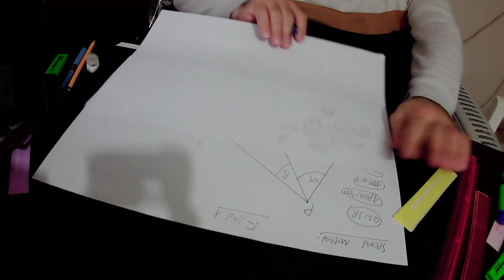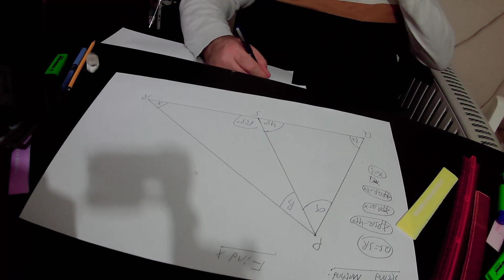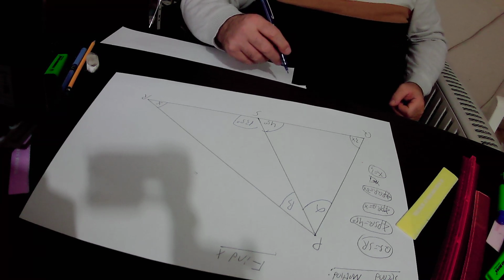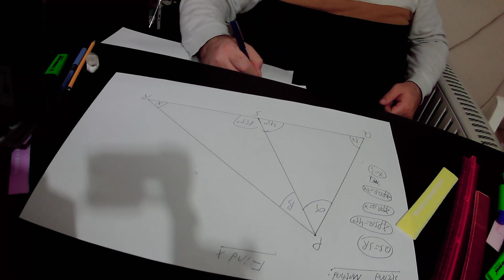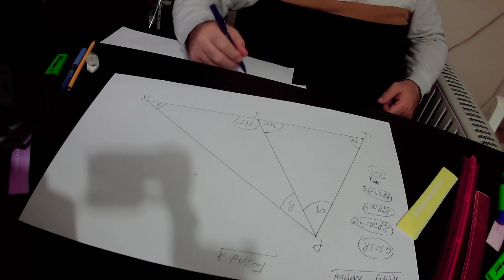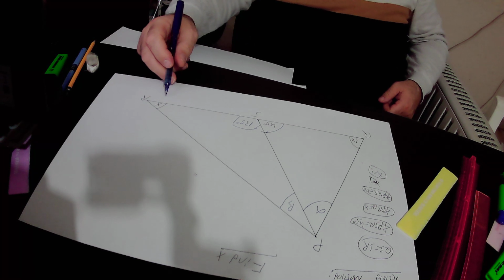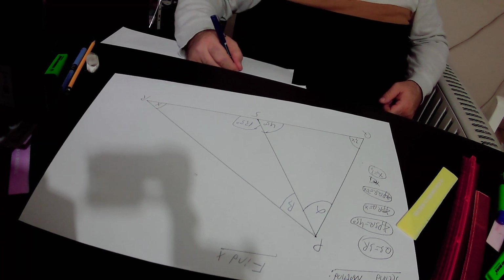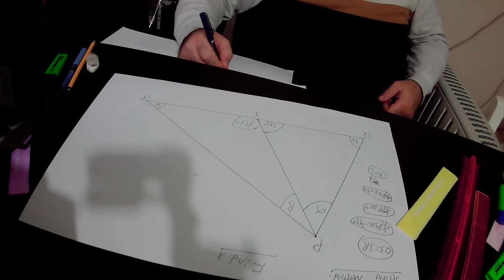That is to say, here we have angle beta, plus this angle is 135 degrees, plus this angle, that is angle x. The sum of those three angles must be equal to 180 degrees.